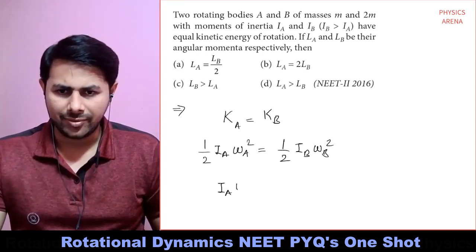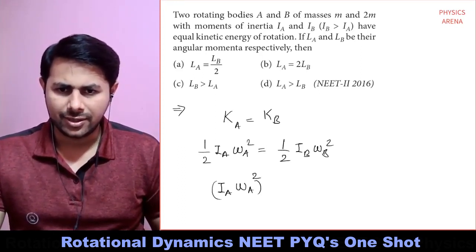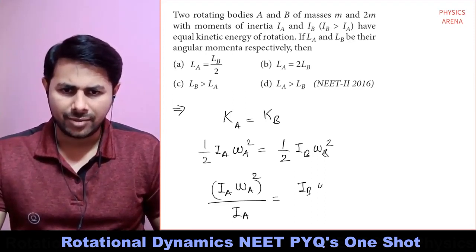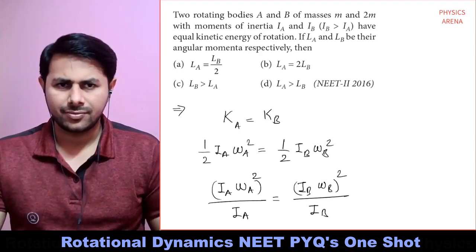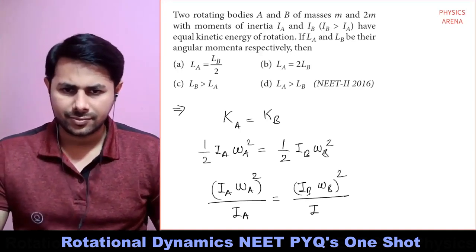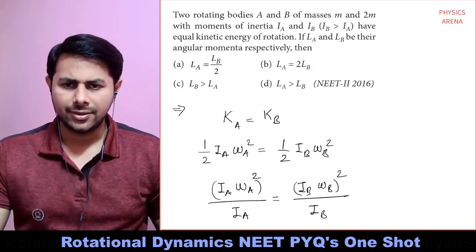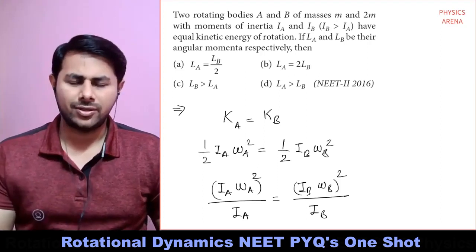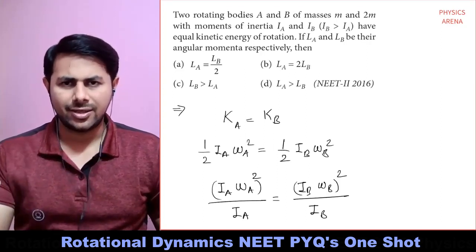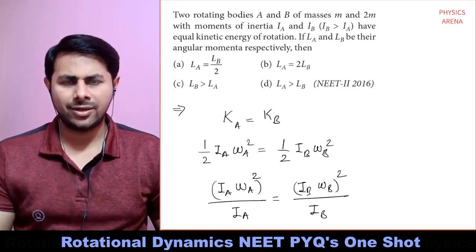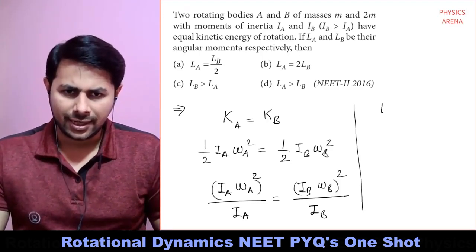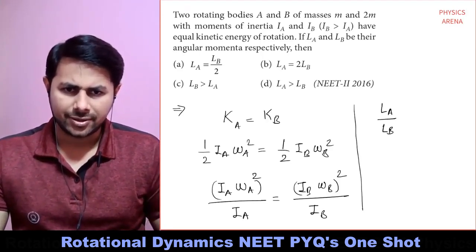So this will be Ia omega A whole square divided by Ia, equal to Ib omega B whole square divided by Ib. What is this thing? This is angular momentum of the first body. La square upon Ia equals Lb square upon Ib. That's what you have.